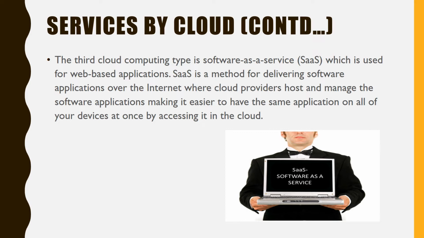Now, it is a method of delivering software applications over the internet where cloud providers host and manage the software applications, making it easier to have the same application on all of your devices at once by accessing it in the cloud. Now, you can use these applications online or offline for the accomplishment of your task.